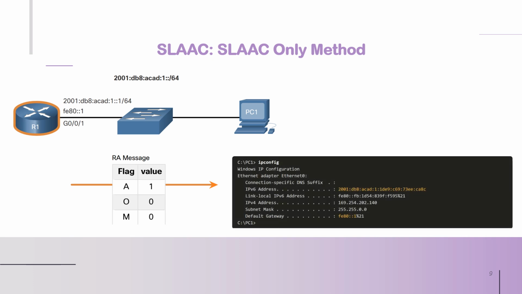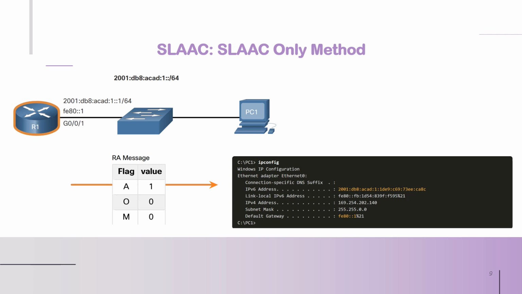And here in this example, on PC1, by using the ipconfig command, we can see that it is enabled to obtain its IPv6 address information automatically because of the setting of the A, O, and M flags performed by Router 1, which means that it has to perform stateless address auto configuration only, using the information contained in the router advertisement message that is sent by this router.